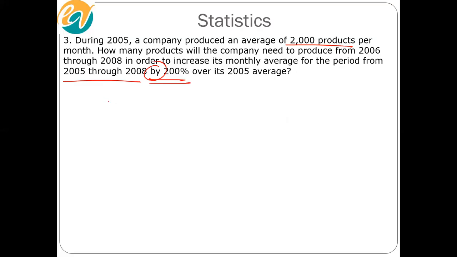So basically, between 2005 to 2008, we want the average as what? It was 2000 earlier. The average was 2000, and we want to increase it by 200%.